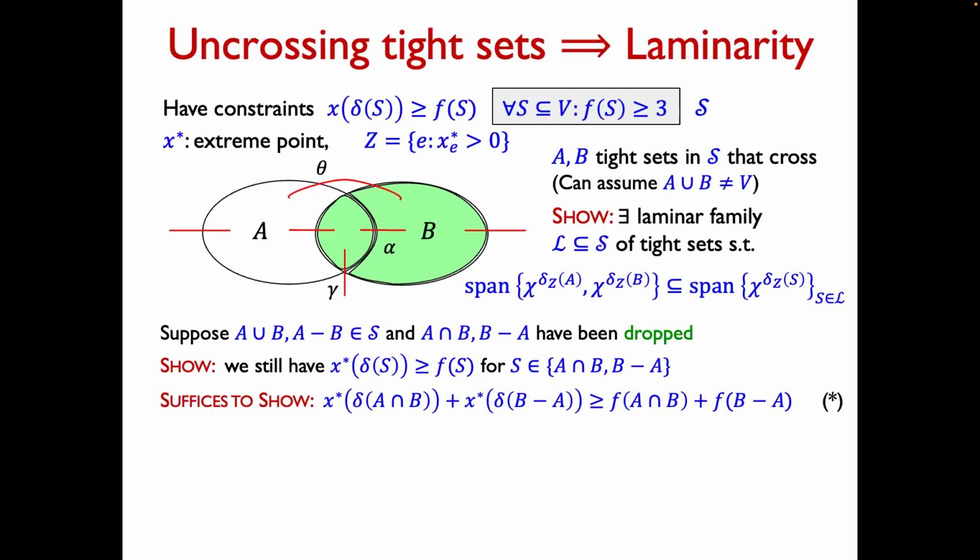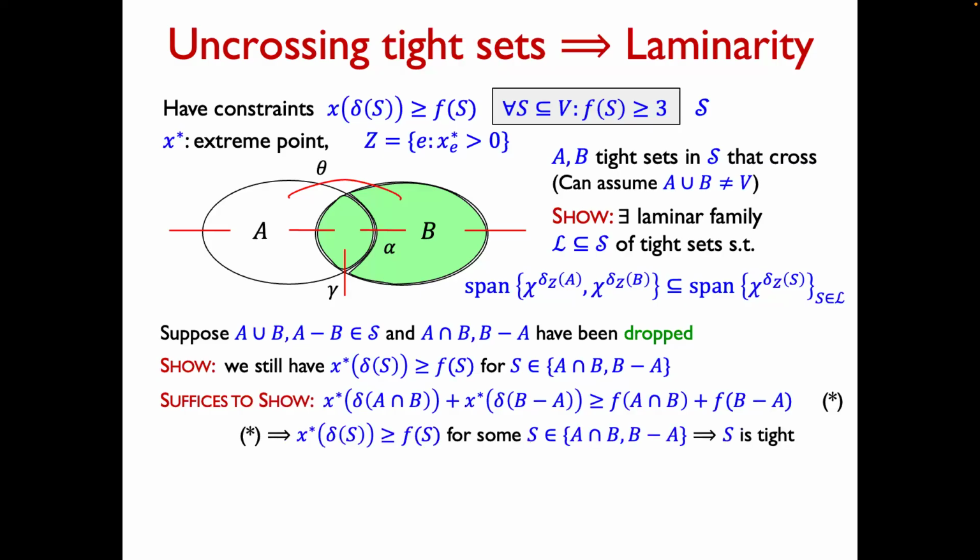Let me show that the inequality where we add up these two individual inequalities is true. That's what's written as star. I claim that this implies this. Why? Because if I have this star inequality, then at least for one of the sets, I have what I want. Let's call that set S.